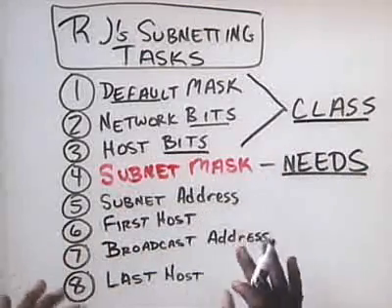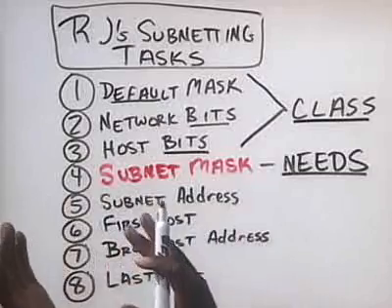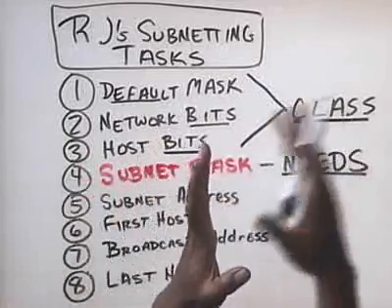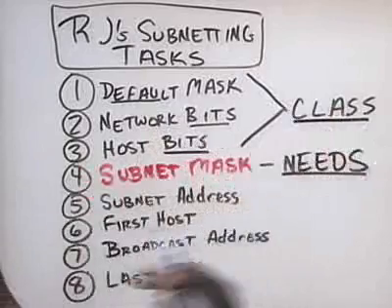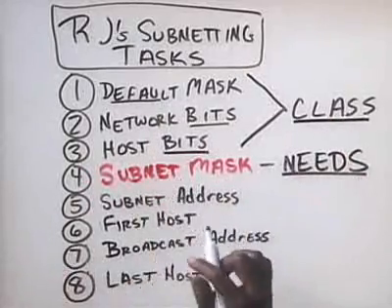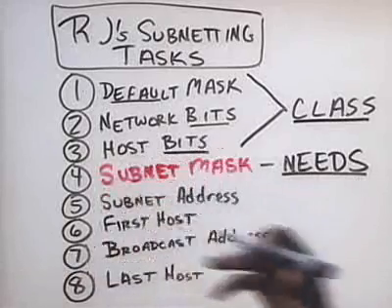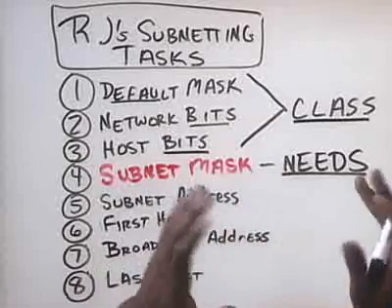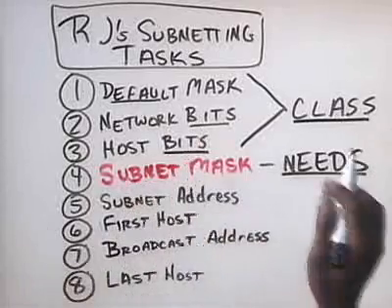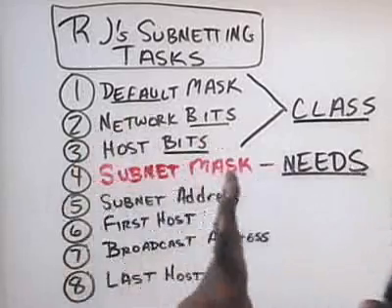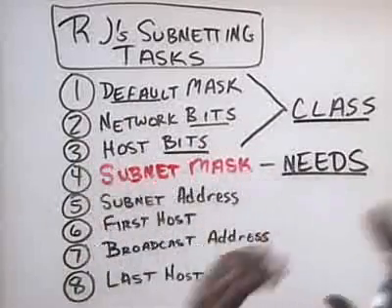If you're going in to design a network and the customer has requested a particular number of subnets and a particular number of hosts per subnet, those are your needs. Another way of viewing those customer requirements would be the customer tells you, well, we want 20 departments and each one of those departments would have 50 computers. Those are customer requirements, those are needs.